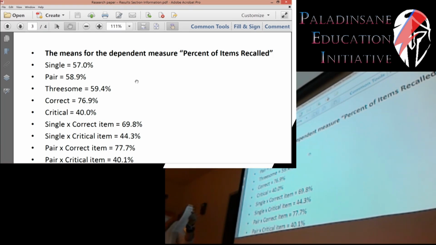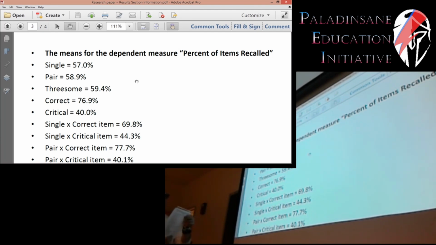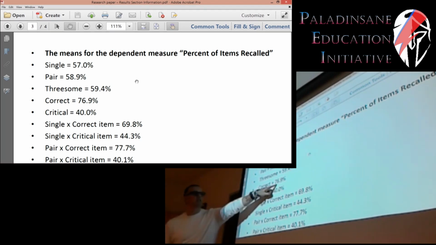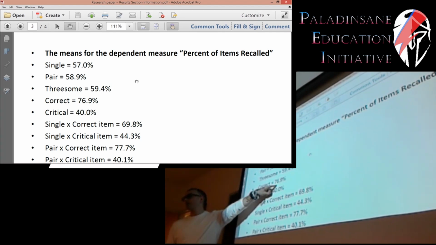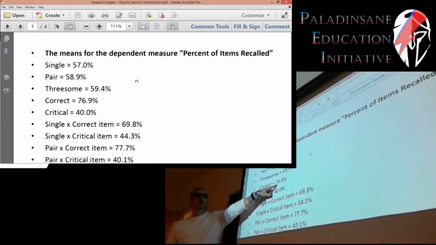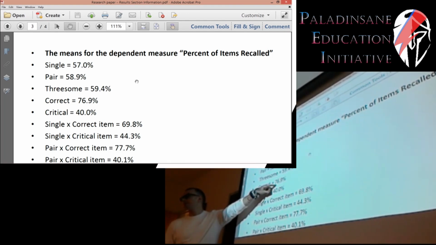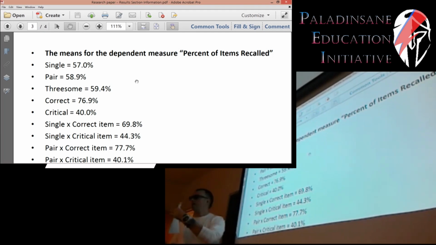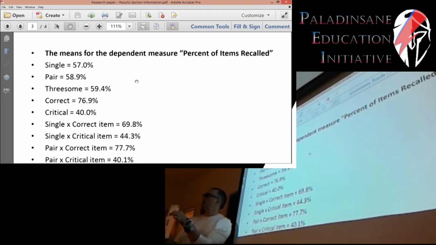You will see on the graph that the correct items were recalled just under 80%. So about 80% of the correct items were recalled in our experiment. And that actual number is here, it's 76.9%. So in our experiment, correct words were recalled at a rate of 76.9%. You can see for critical on that graph, there's a lower bar.